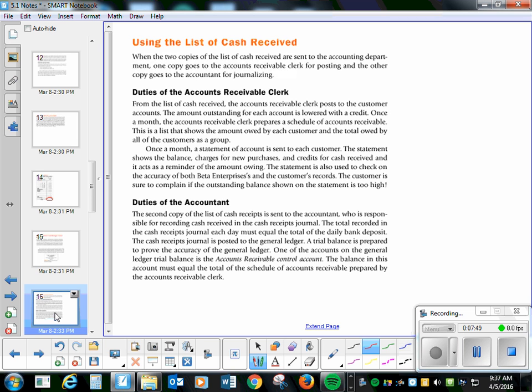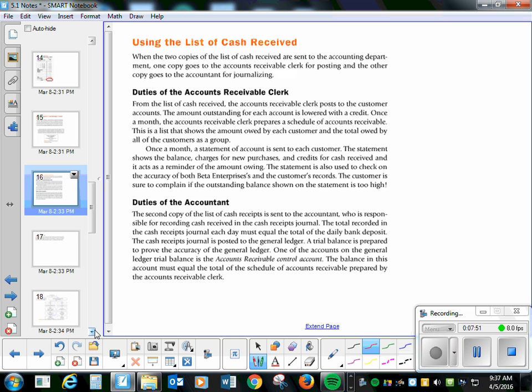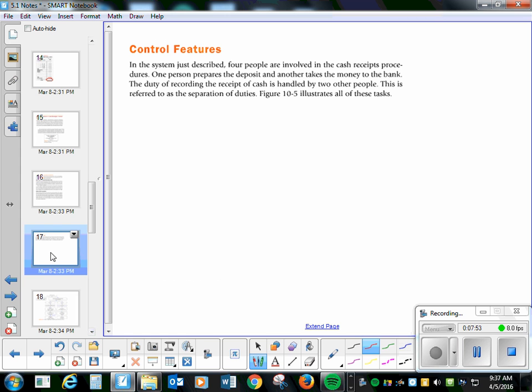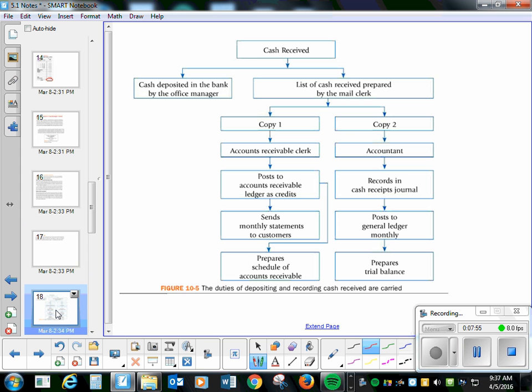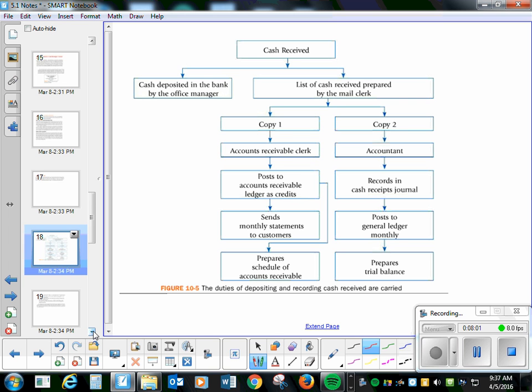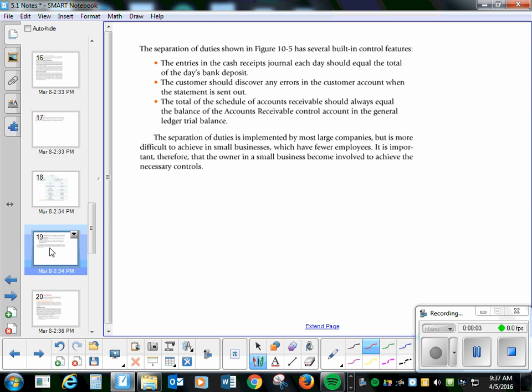So it's going through 4 different hands. Therefore, no money can go missing in the meantime. Okay, so that's just a flow chart there that shows how things have been split up. It talks about the separation of duties there as well.